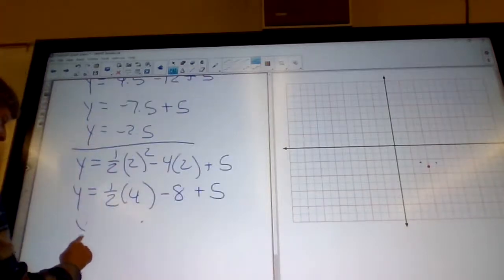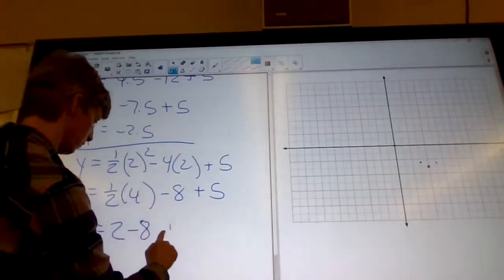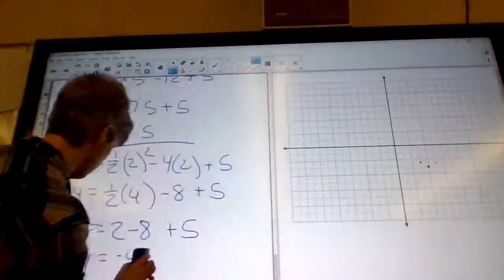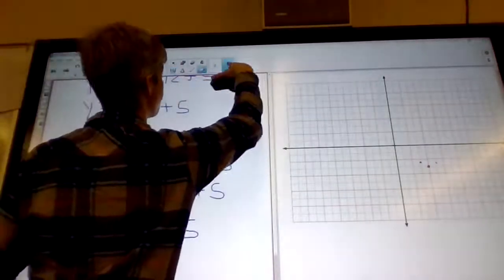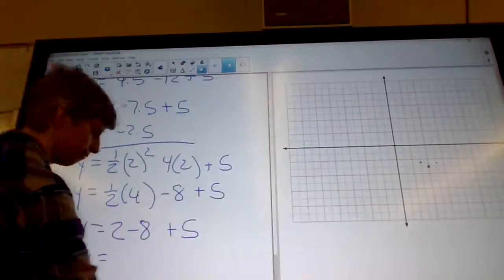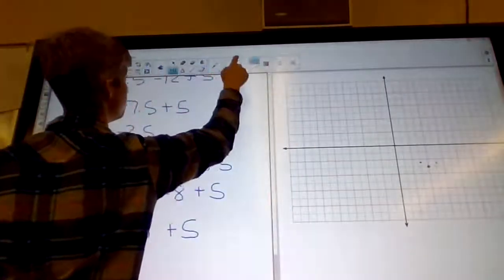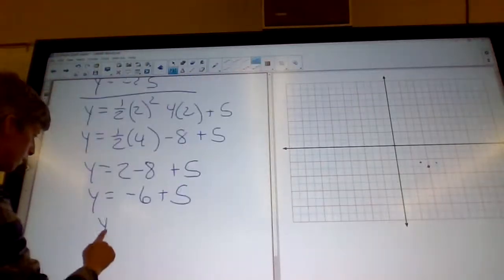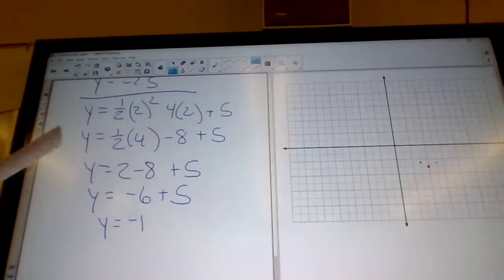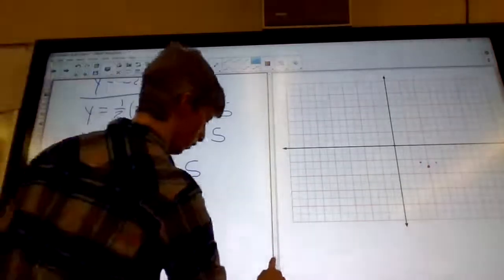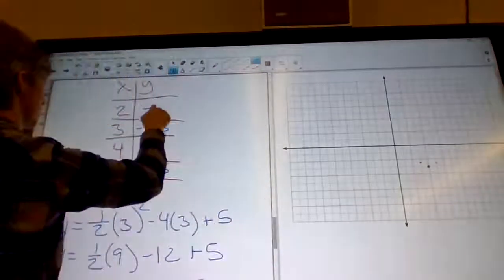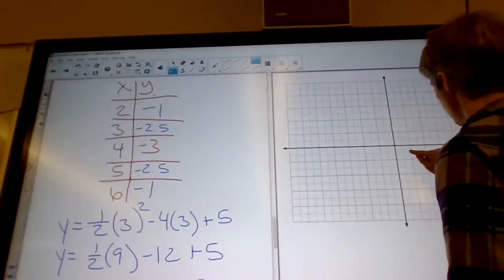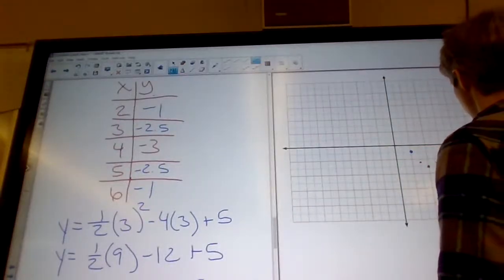Half of 4 is 2. 2 minus 8 plus 5. 2 minus 8 is -6. -6 plus 5 would be -1. So my y coordinate should be -1. So if I go back into my table, I should put a -1 there, and I should have a -1 there. So 2 should be a -1, and 6 should be a -1.